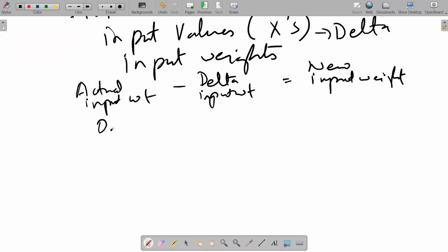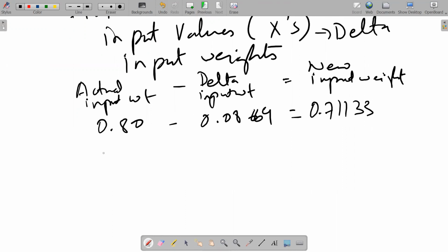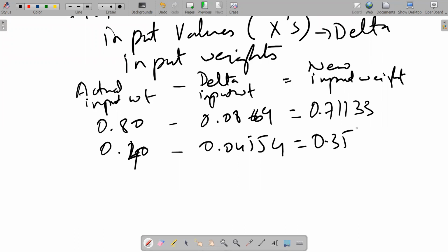So the first weight was 0.80 minus 0.08669, which will give you 0.711. The second one is 0.40 minus 0.0455, you get 0.3544.